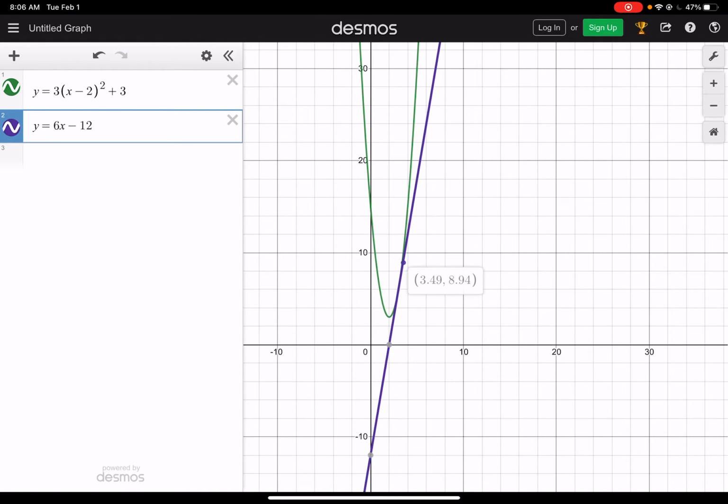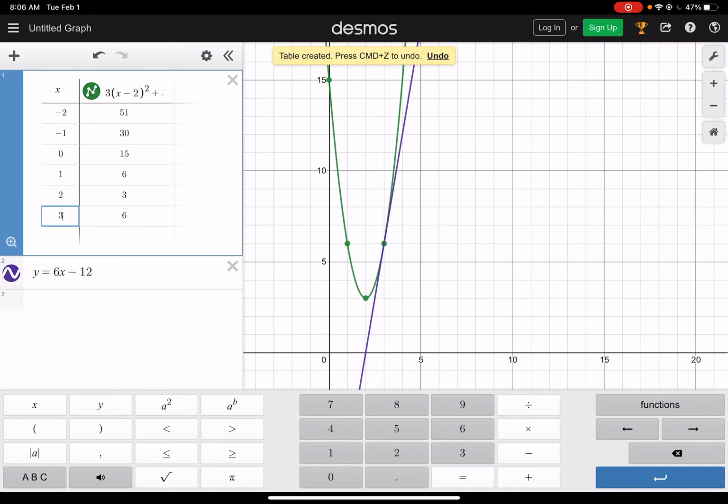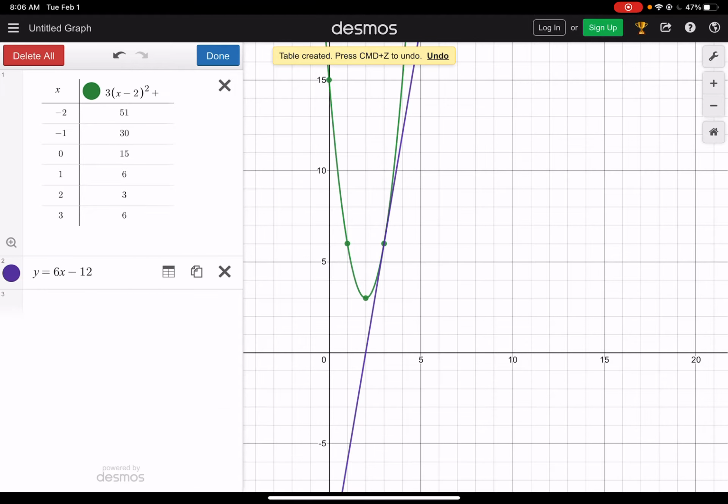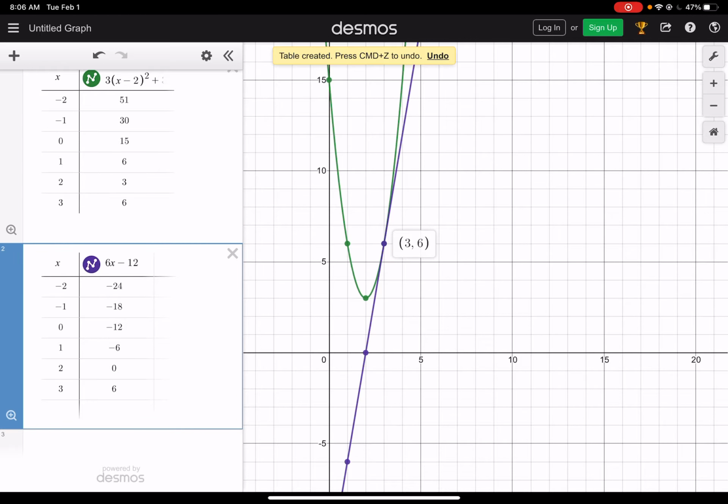Let's see. I know it's at 3, 6. If I can get it to pop up. Here we go. There we go. Right there at 3, 6.